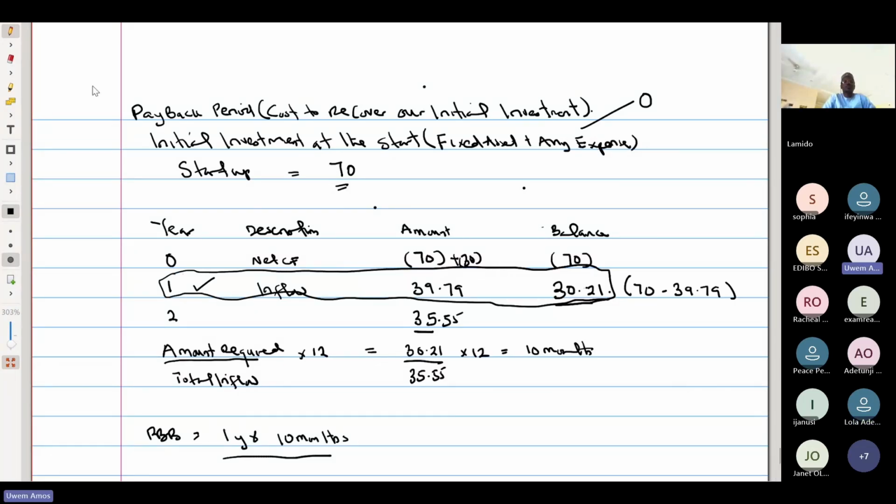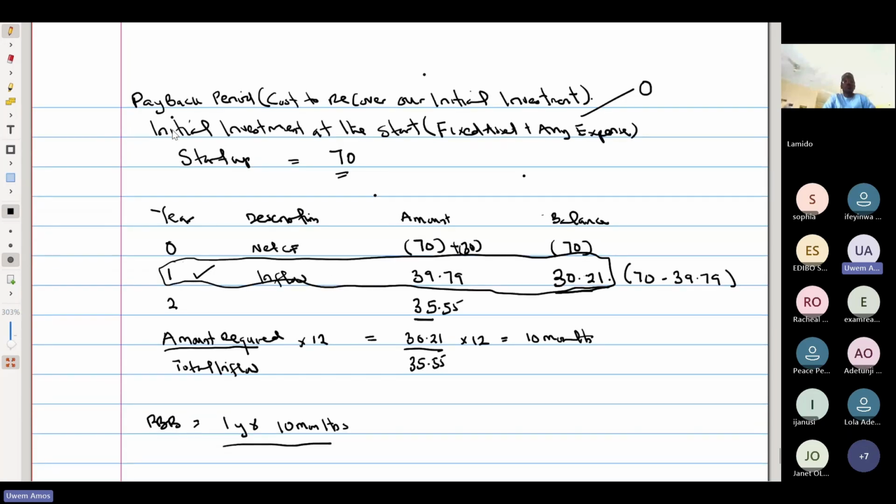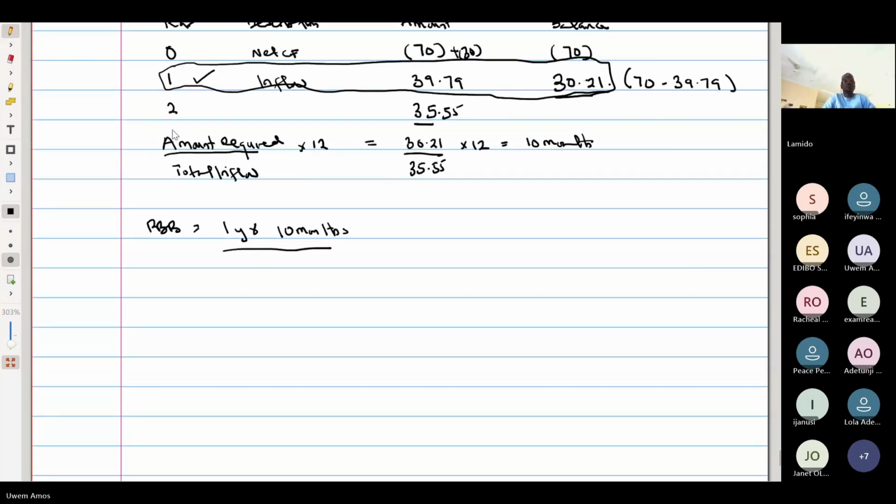Okay. So back to our question. If we choose to abandon the project, we will not enjoy those cash flows. So we need to determine whether it is best for us to abandon and lose the cash flow.